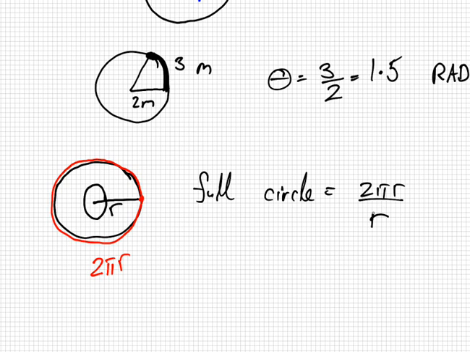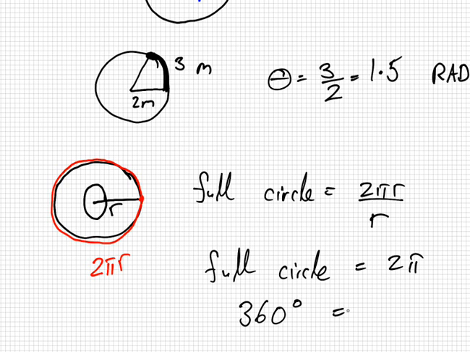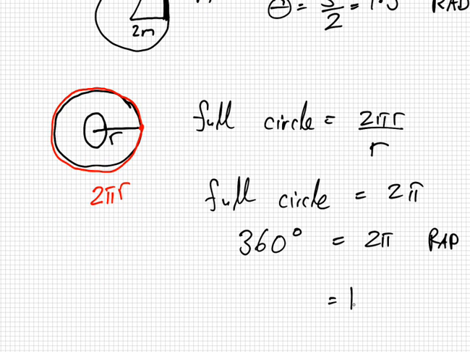But instead, we can use this here, arc length, to measure the angle. So for example, if I have one full circle, let me actually write this down.